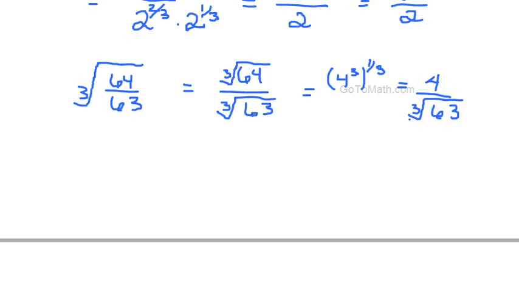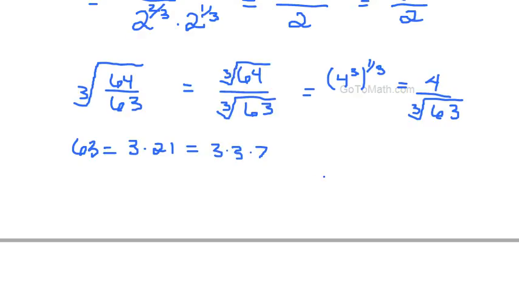Now, if we were to break 63 down, let's do that. First thing I'm going to do: 3 going into 63? Yeah, 3 times 21. But then that can actually be written as 3 times 3 times 7.